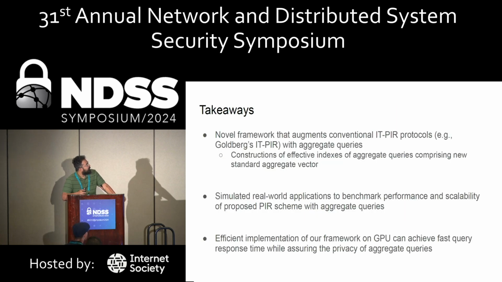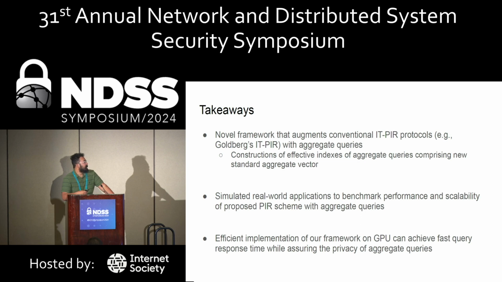In summary, the takeaways for our protocol is that we develop a novel framework that can augment the conventional ITPIR protocols, like the baseline that we compared against, to support aggregate queries with single round of interactions. And we achieve this through the introduction of a novel data structure called the indexes of aggregate queries.